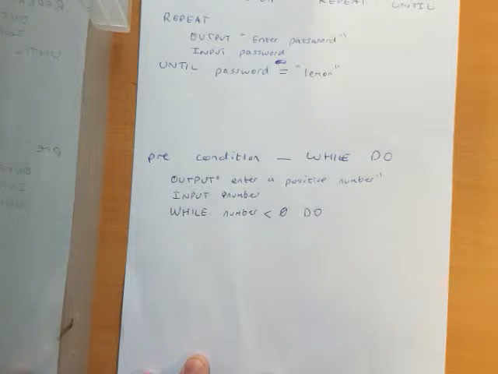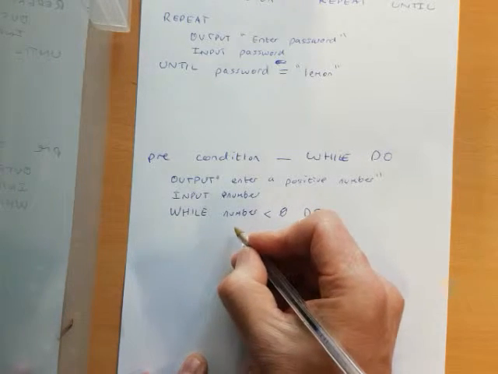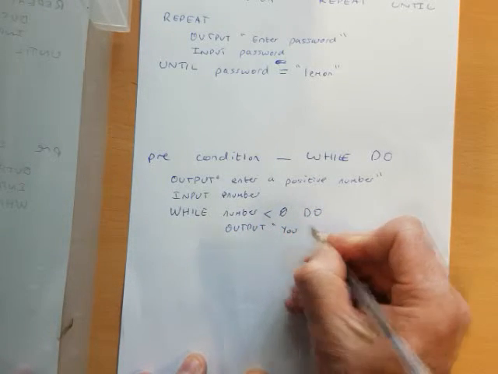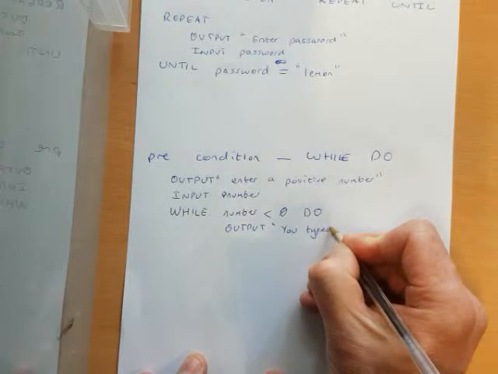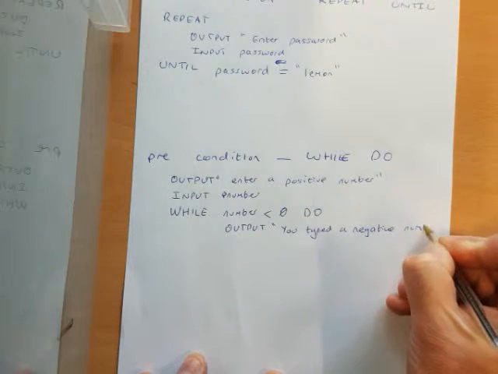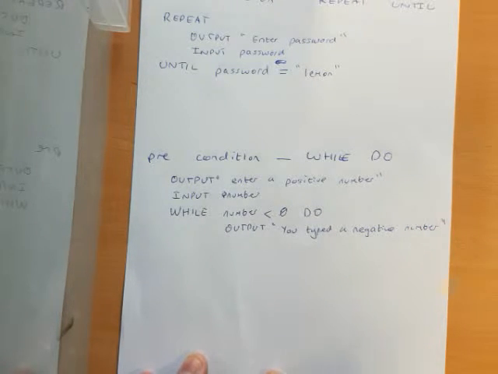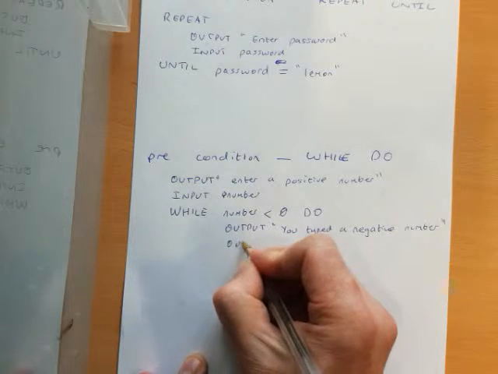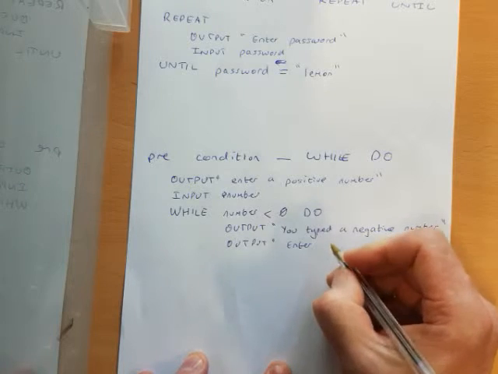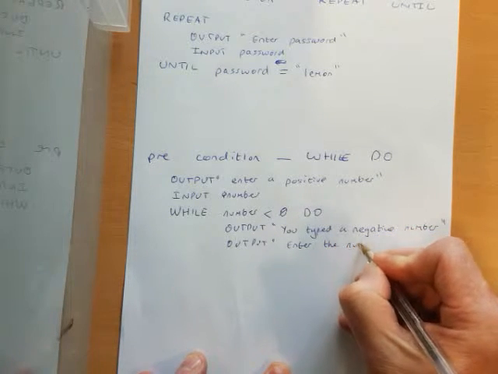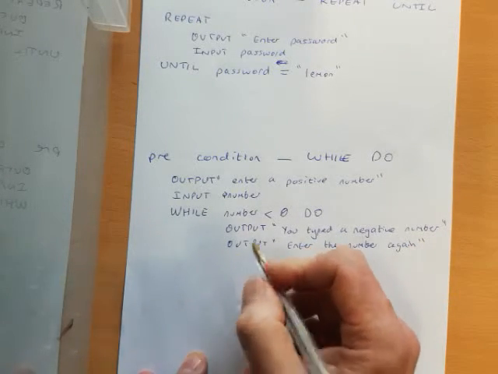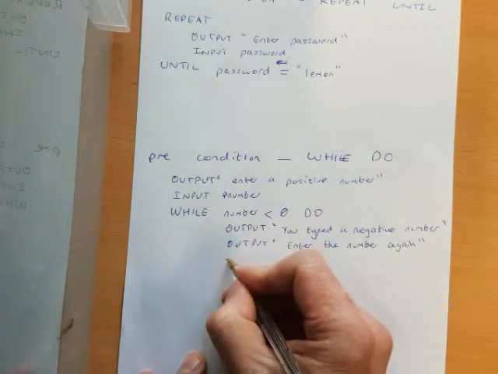So they've obviously entered a negative number here, so let's tell them that's what they've done. You typed a negative number. Let's give them some instructions of what they need to do next. So output, enter the number again, and then we'll input the number again.